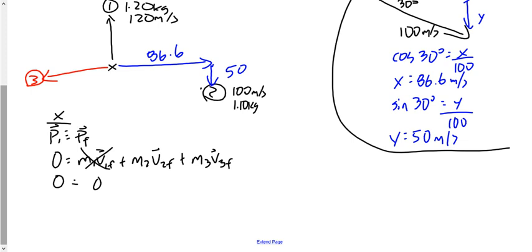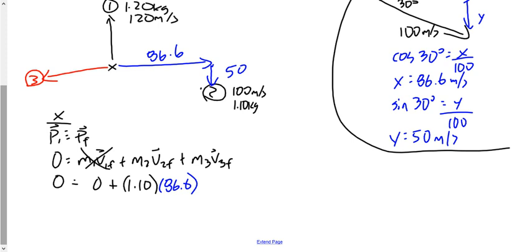Good. Object number 2 has a mass of 1.10 kilograms times a velocity of, what is it? 86.6. Right, the X component. It's easy for us to visualize that 86 now because of the way I have that drawn.